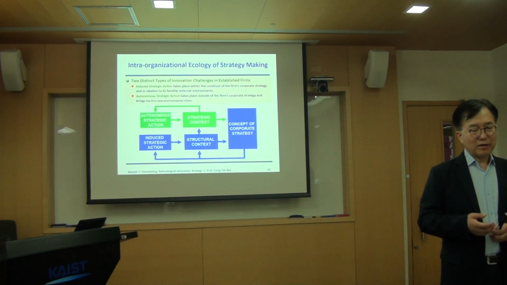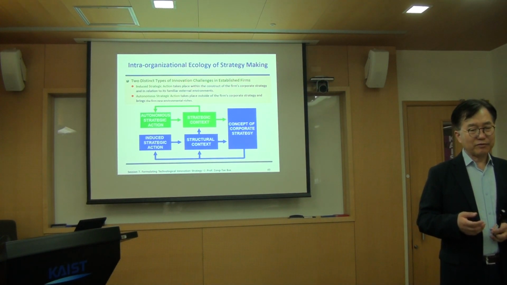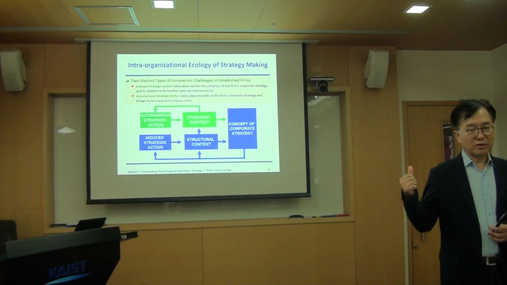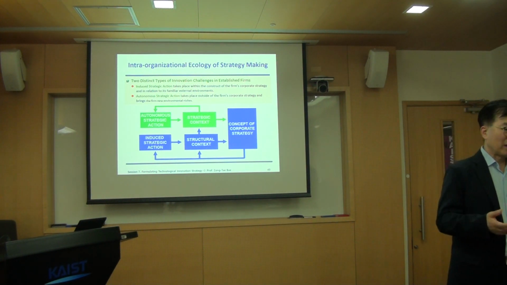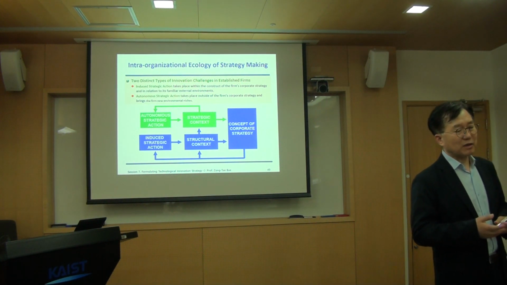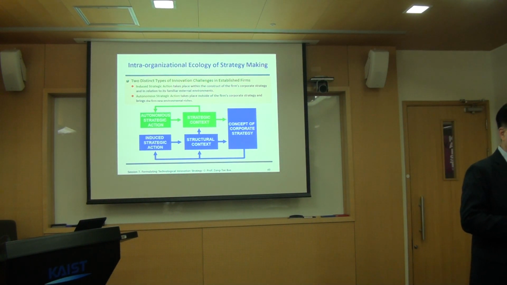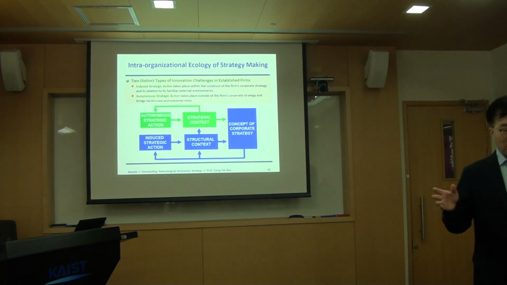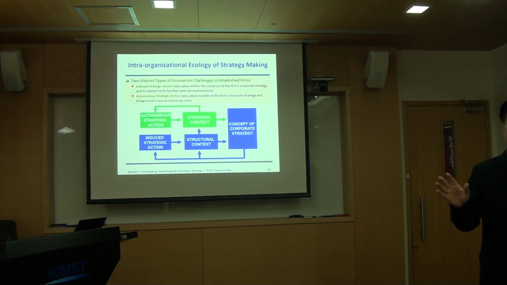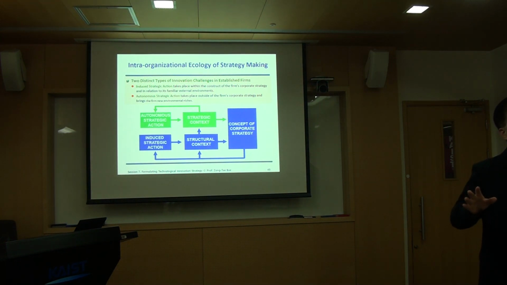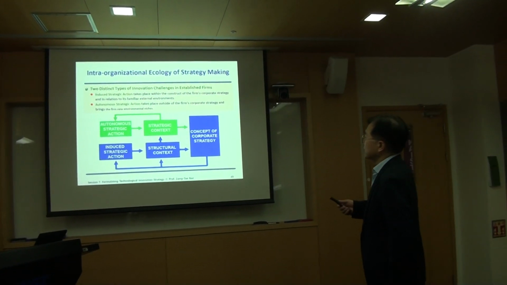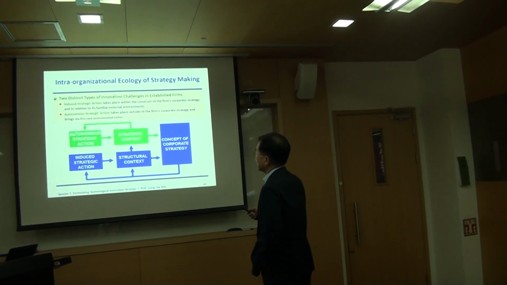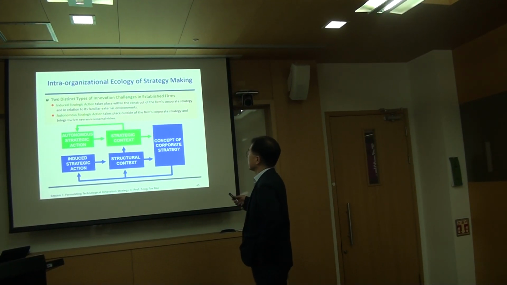And I found that my behaviors are quite different from the directions of our strategy. What happened? I worked very hard. I tried to maximize the profit of our organization. I tried very much, but my behavioral direction is quite different from our strategic direction. So it means that there are some gaps. And the current strategy is like this, but now the market has changed. Okay? So that kind of autonomous strategic action will take place outside the firm's corporate strategy.